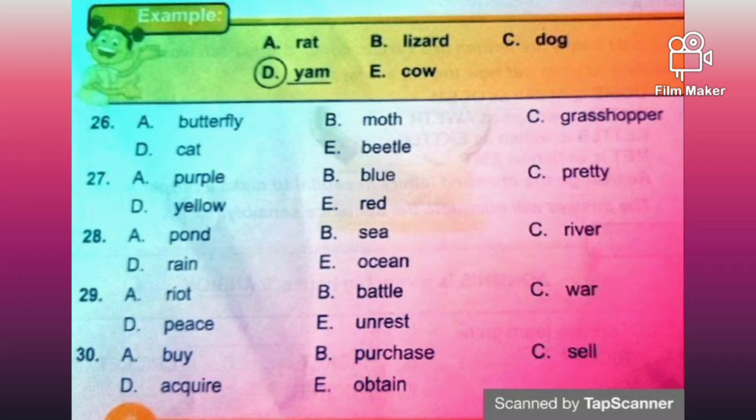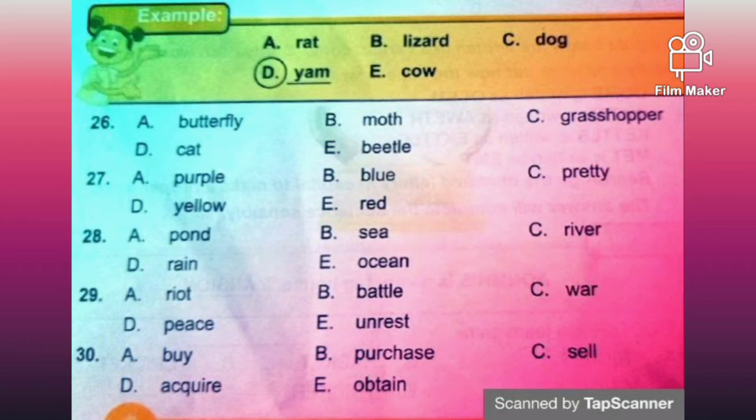So 27, we have purple, we have blue, we have pretty, we have yellow and red. Purple, blue, yellow, and red are colors, but pretty is a word, an adjective for that matter, that is used to describe something fine.